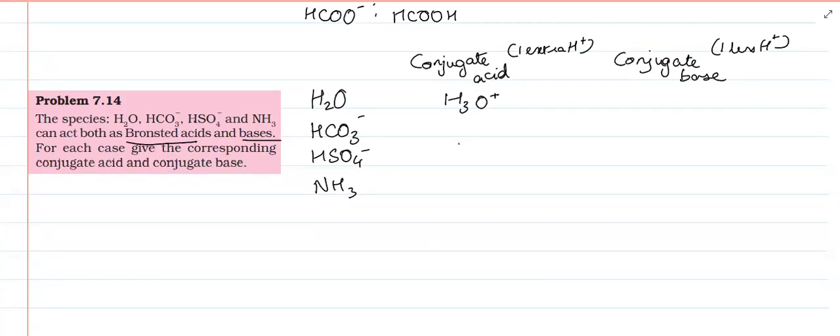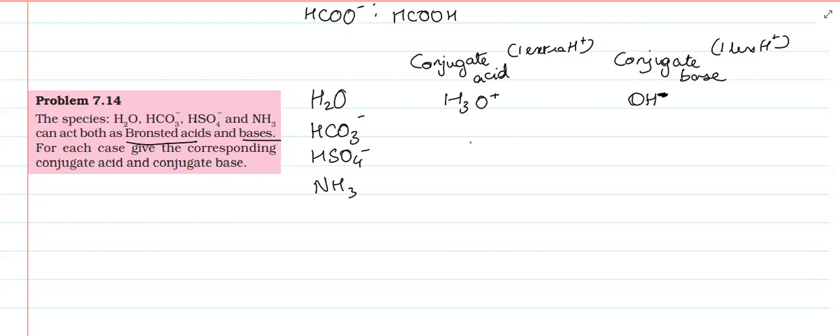So it's going to become a positively charged ion. On the other hand, when it loses a proton, then it'll form OH minus. So the proton is getting kicked out. Because of that, it will have a negative charge on the OH.